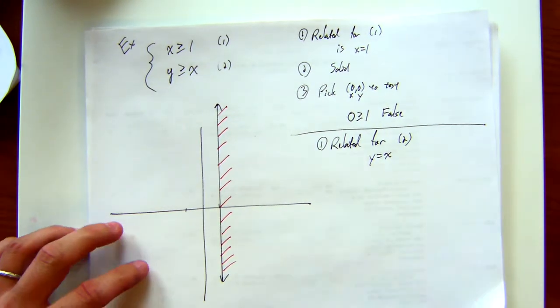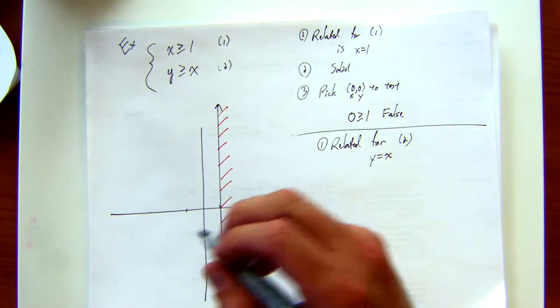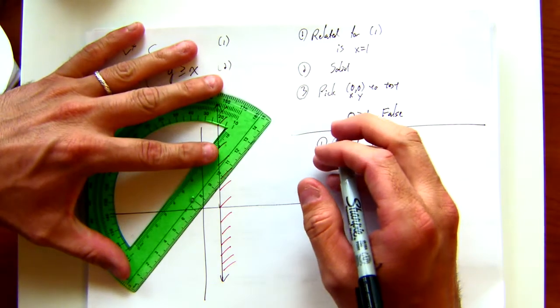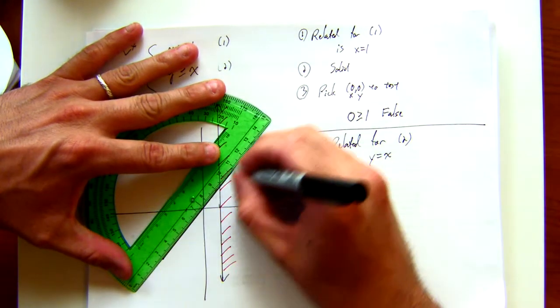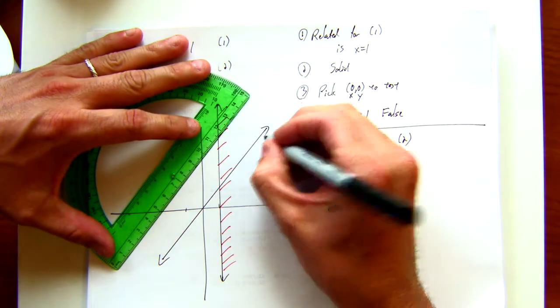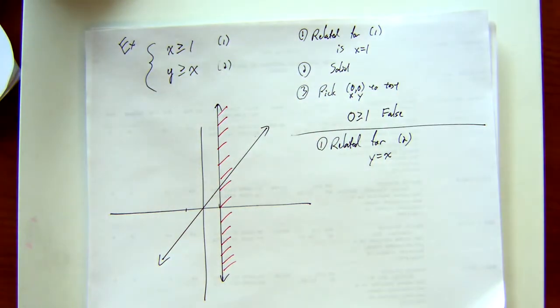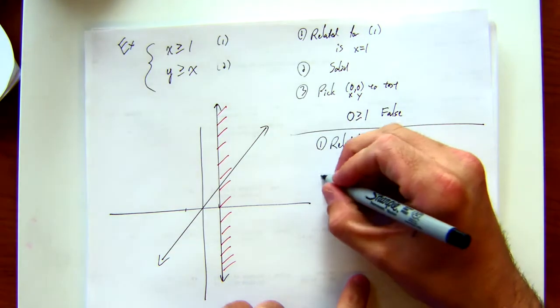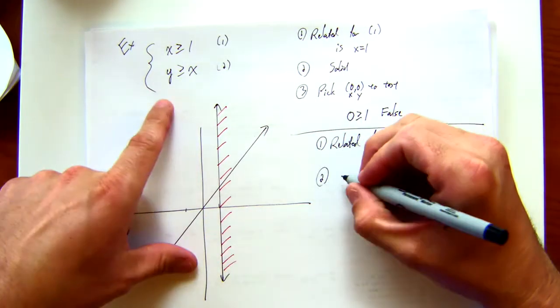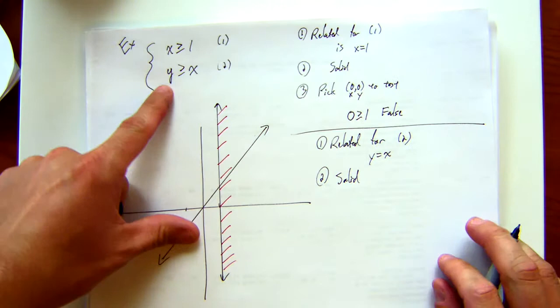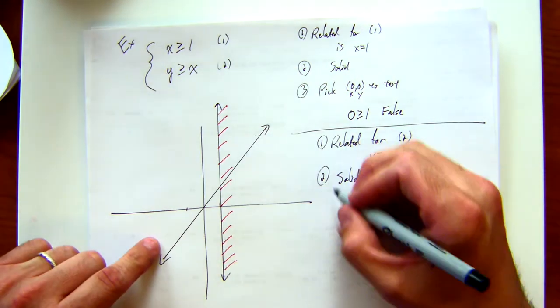Y is equal to x, or f of x is equal to x. And it's just the 45-degree line in this direction. Everybody remember that? Okay. And it is solid. I sort of skipped that step. I got lucky. It is solid.